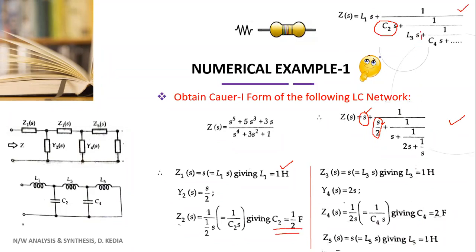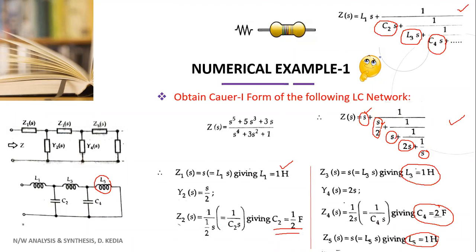Then L3S: S is there, so L3 is nothing but 1, which is 1 Henry. Then we have C4S, which is 2S, so the value of C4 will be 2. After C4S, we'll have L5S, so this is 1 by L5S. What will the value of L5 be then? L5 is nothing but 1.